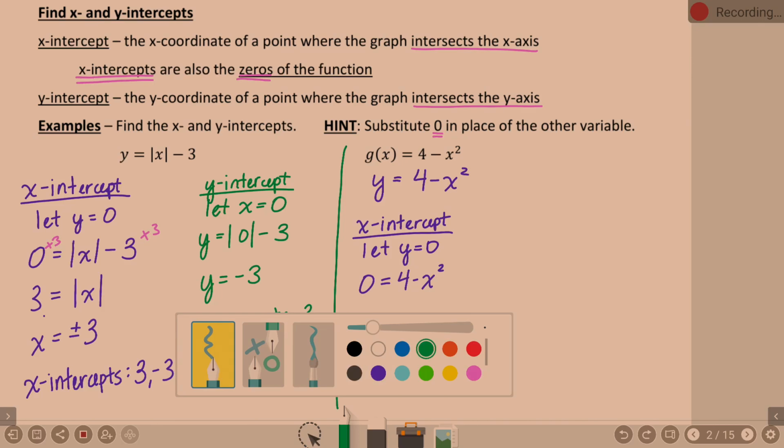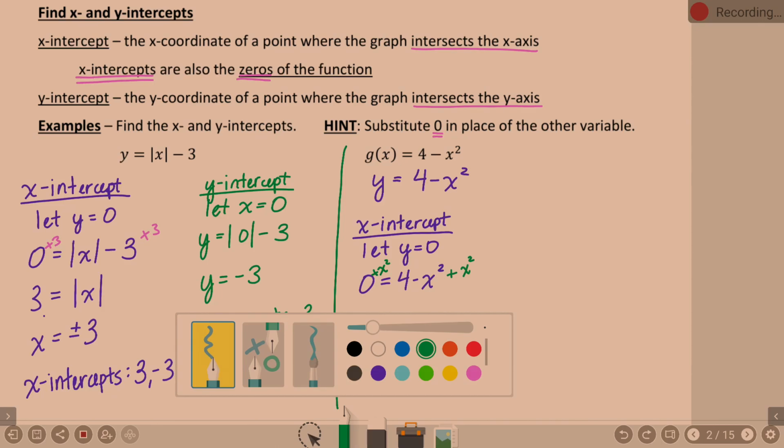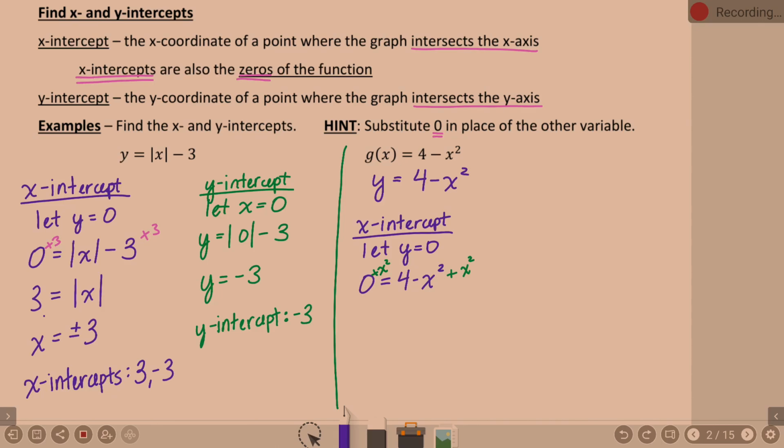Personally, I would have said if it's minus x squared, I would add x squared. So 0 plus x squared is x squared. Here we have 4 because minus x squared plus x squared cancels. Okay. One way or another, you are at the point where you have x squared equals 4, right? Or 4 equals x squared.